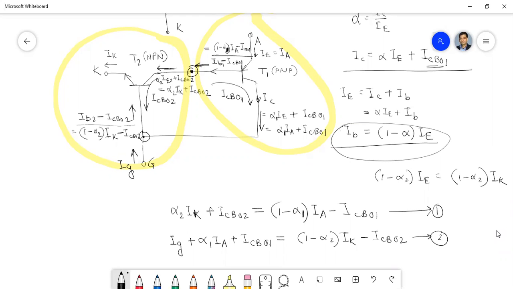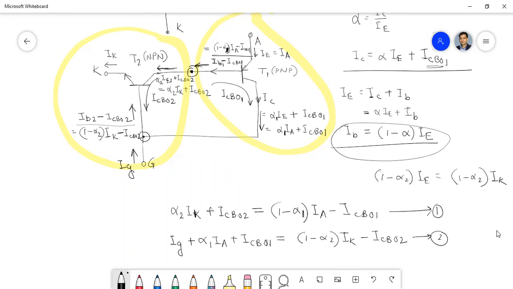When transistor 2 is switched on, it will try to switch on transistor 1, because its collector is connected with the base of transistor 1. As a result, transistor 1 also will start turning on, so the gain alpha of transistor 1 will also increase. Is that clear?